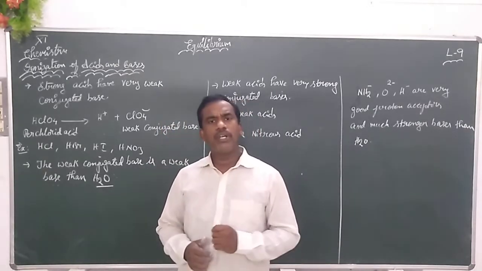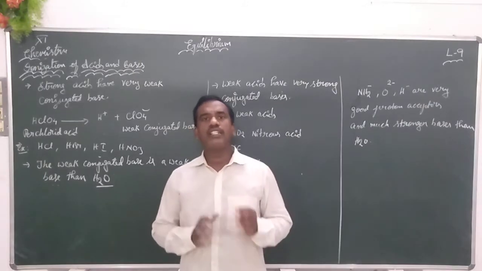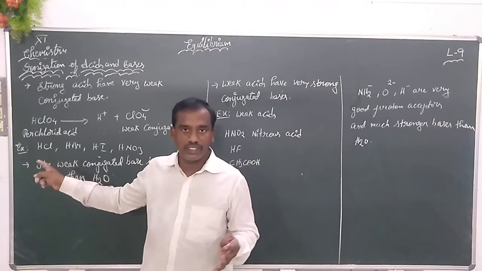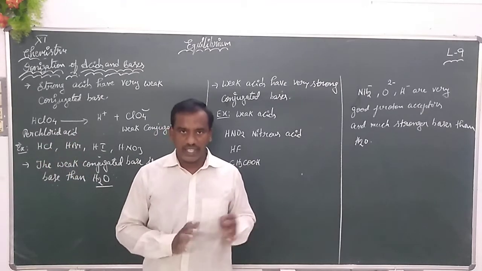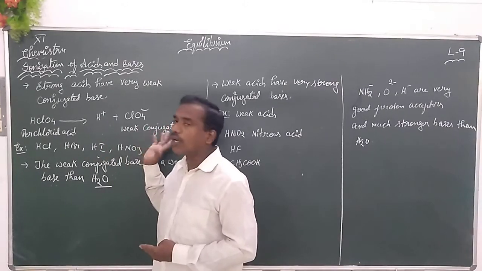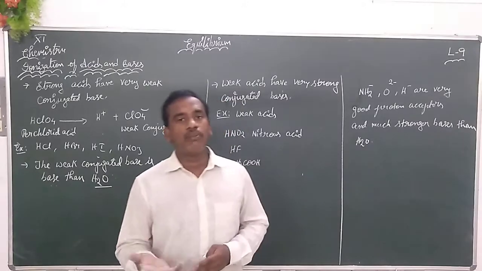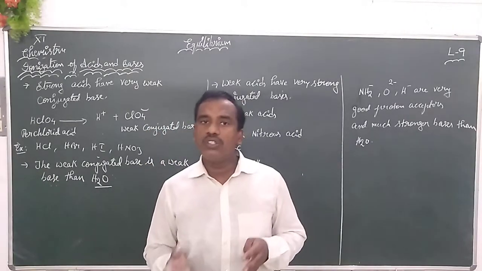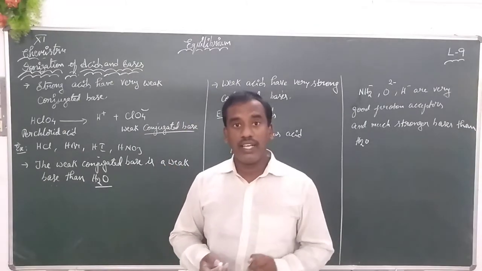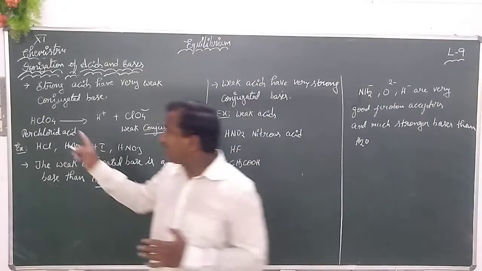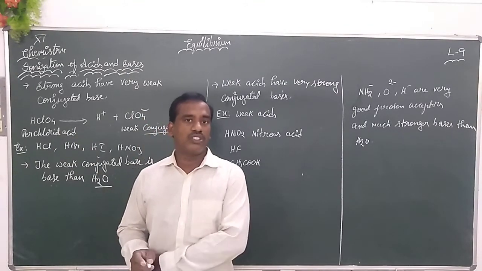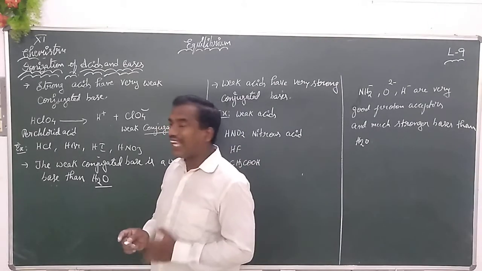In the previous sessions we learned that any substance dissociates, like HClO4, perchloric acid. It dissociates to give an H plus ion and the ClO4 minus ion. The ClO4 minus ion we call a conjugate base. HClO4, perchloric acid, is a very strong acid.